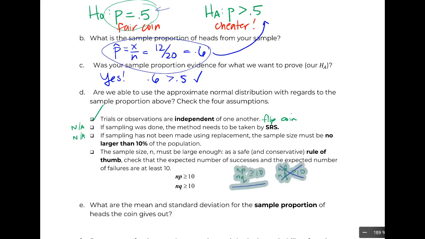So if we were to check this one, we would be going, all right, so we had 20 times 0.5, and q is also 0.5, they're both exactly equal to 10, so we barely have our rule of thumb, right? But I knew that. That's why I chose to flip the coin 20 times, because I was lazy. And 25 rolls of the dice today was miserable.